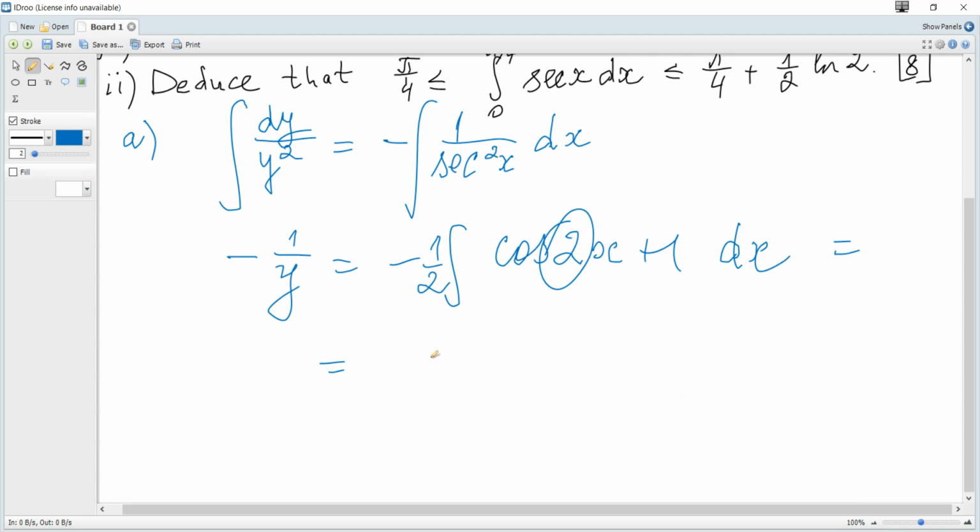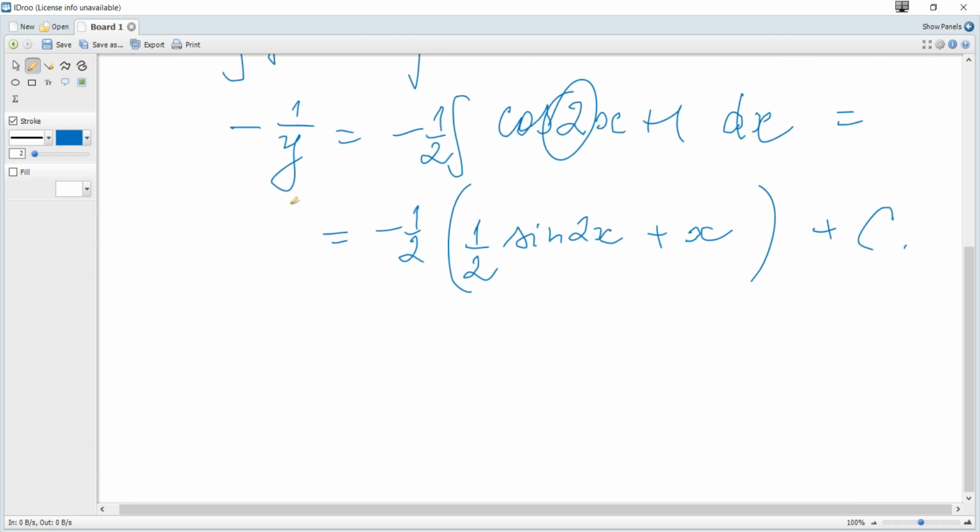So it becomes, with a half as a common factor, sine of 2x, but with the half in front, plus integral of 1, it's x, and plus constant. We can write it here or here, it doesn't matter. Notice that you may write the constant on the left hand side, it doesn't matter.